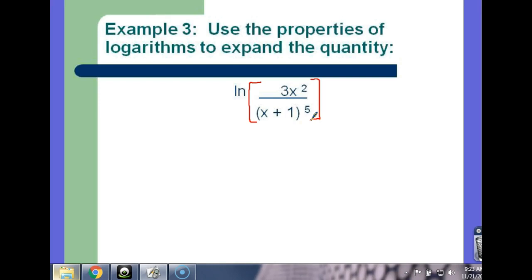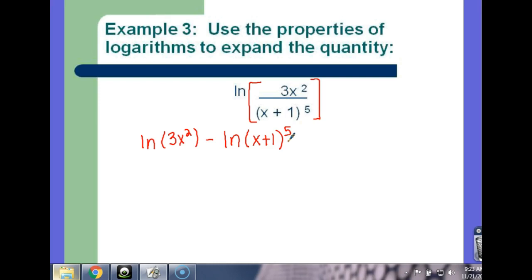And what I want to do is get rid of the exponents, get rid of the division, and expand it out. So the first thing I do when I see a problem like this is get rid of the division. So the natural log of all of that is really the same as the natural log of 3x squared minus the natural log of x plus 1 to the 5th. So you see how that's literally just the opposite of what we just did.